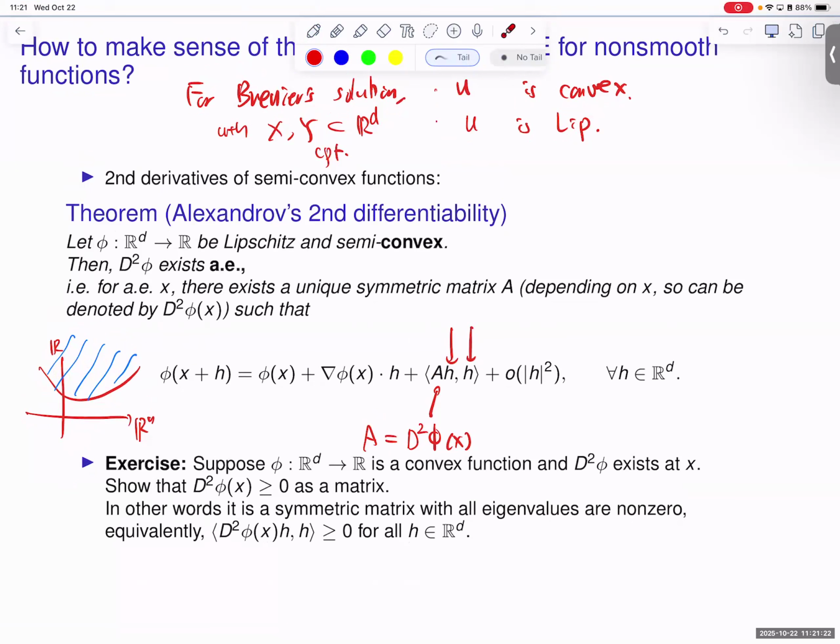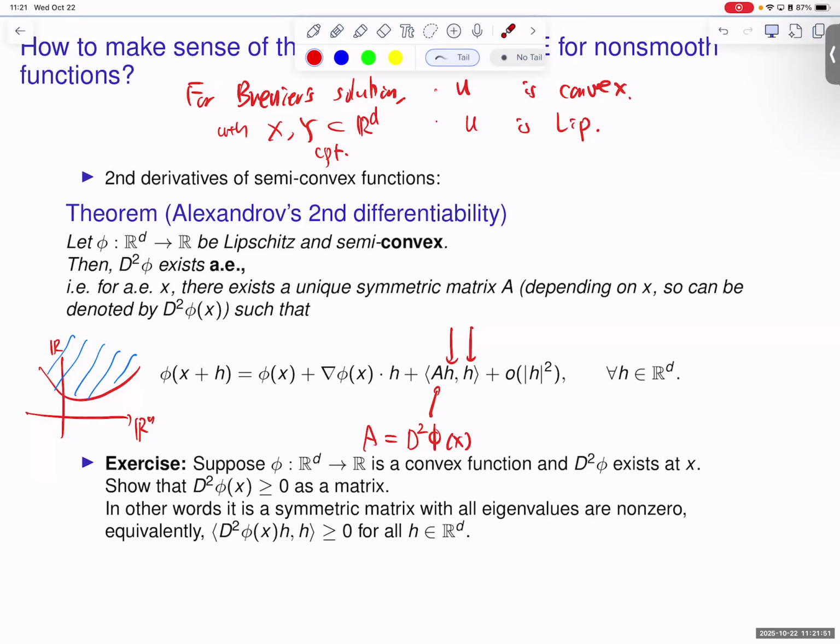So for Lipschitz functions, we have this almost everywhere differentiability, Rademacher's theorem.